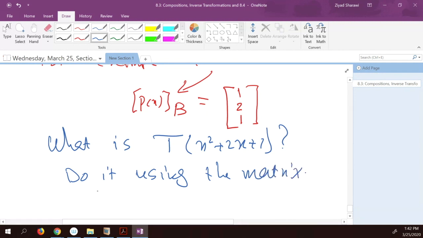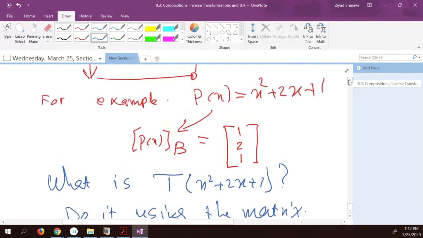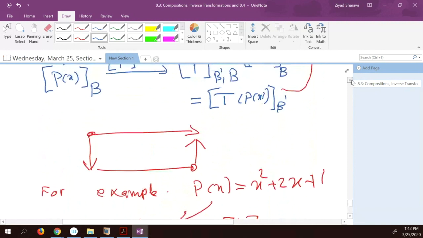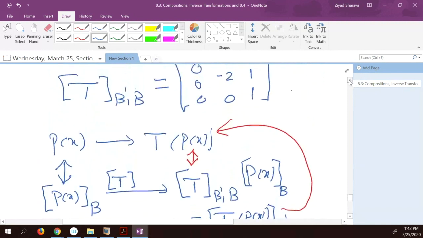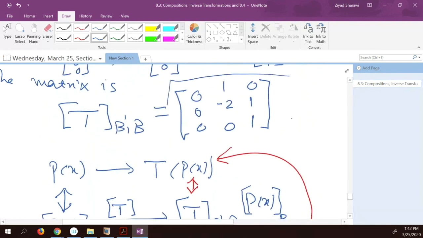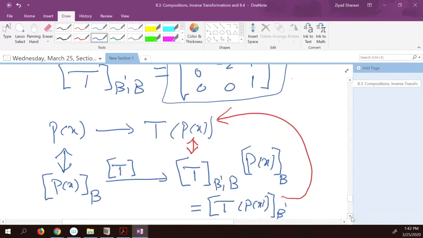How? This is how we do it. I need to go back here. Please, guys, help me to remember the matrix. What is the matrix? Here it is. 0, 0, 0, 1, negative 1.